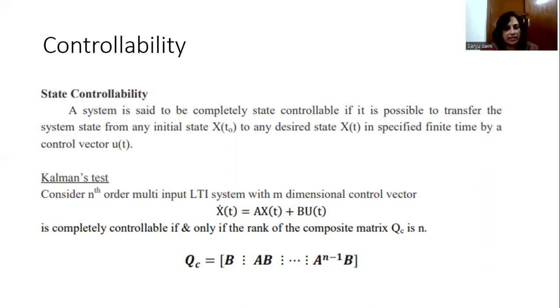So from here we can identify the matrices A and B, and then we define a composite matrix QC, that is B, AB, up to A to the power n minus 1 into B. We just keep on increasing the power of A. So if the rank of the matrix QC that is so formed is n, then the system is said to be controllable. So the controllability of a system can be easily ascertained in case we know the state variable model of the system.